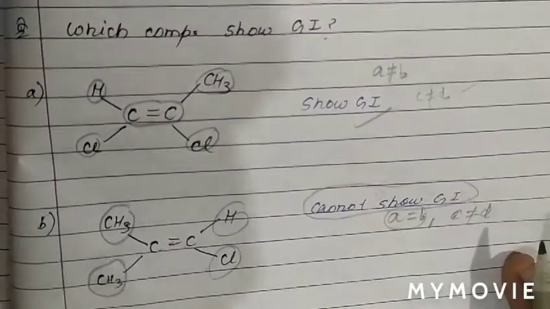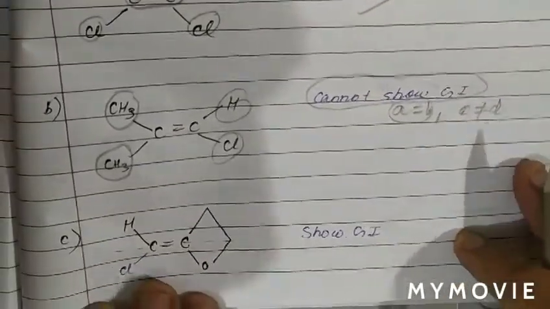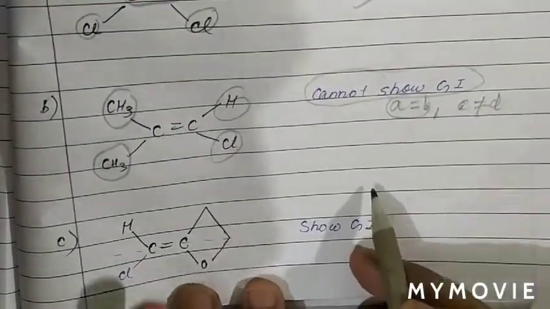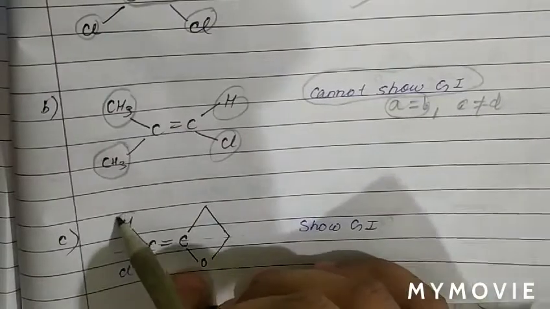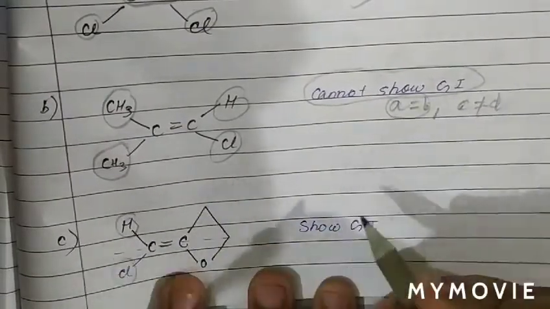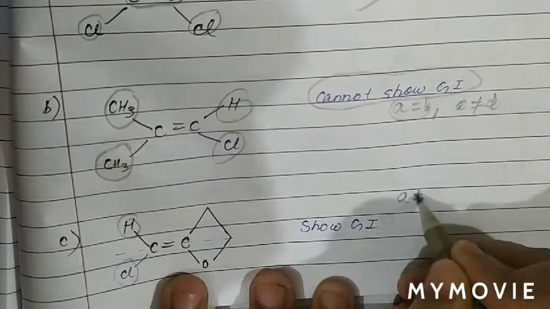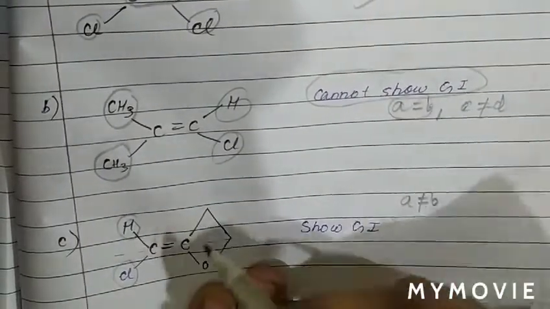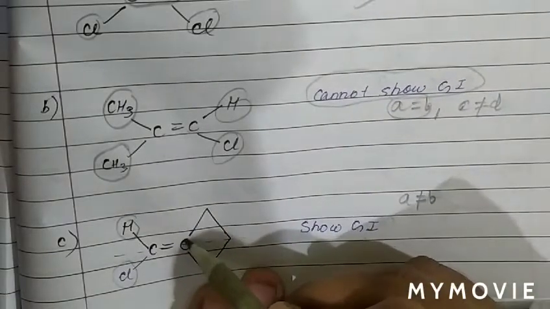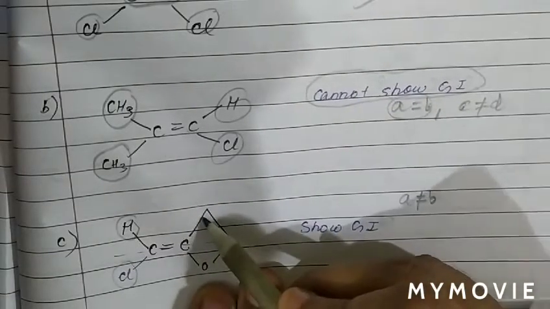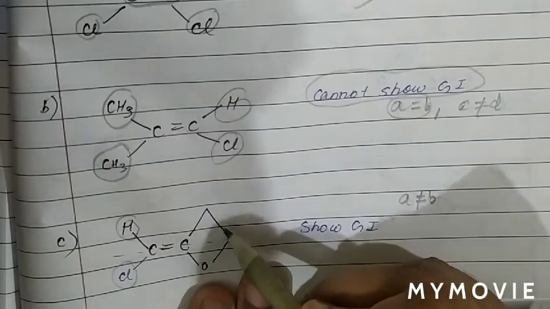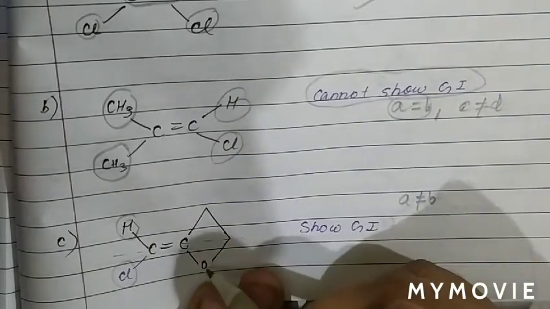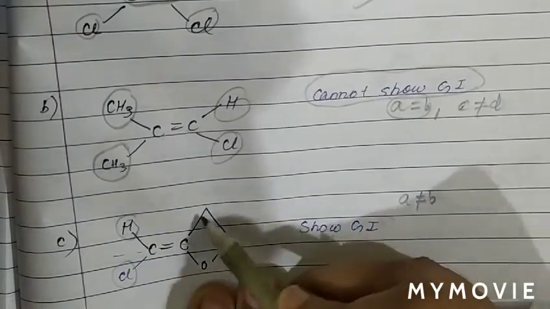Now see the next question. Again we can see this is a carbon-carbon double bond. As we can see, this is A and this is B. So here A is not equal to B. Now see the next. In this compound, C is connected with two carbon atoms, but here C is connected with oxygen and carbon.